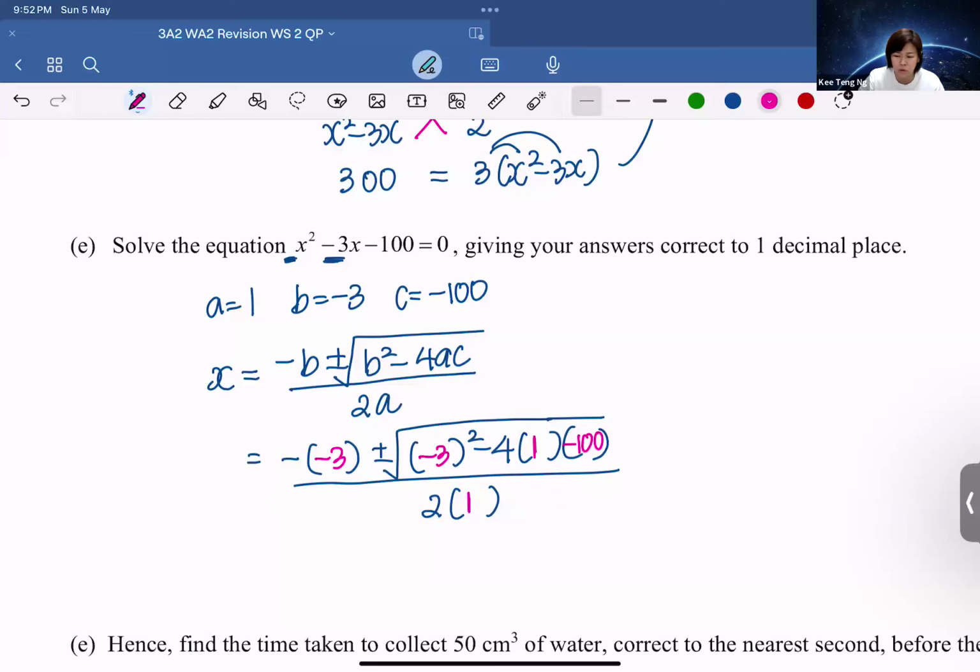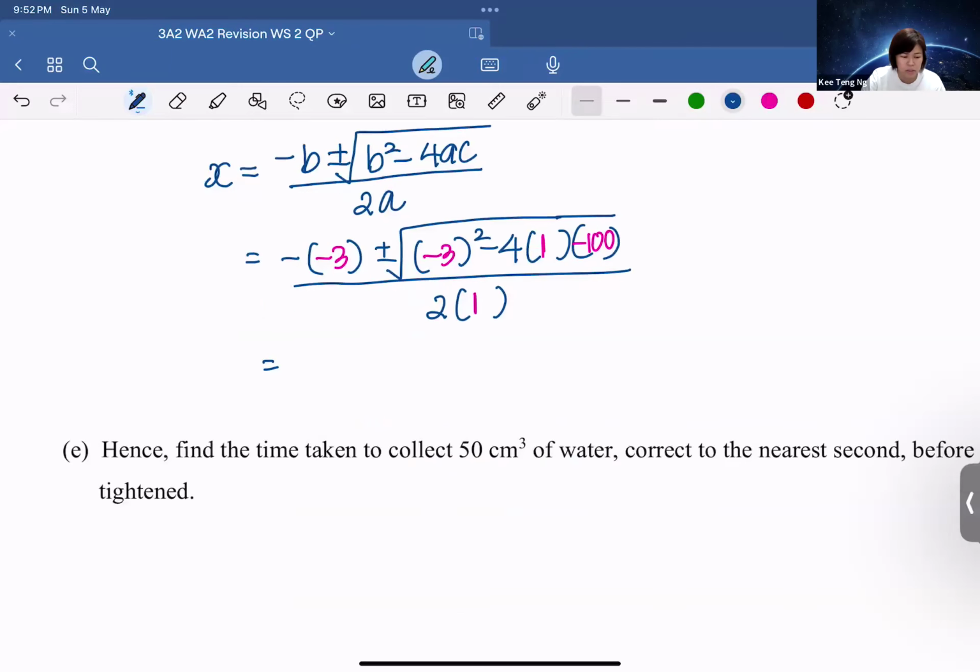So in this case, I'm just going to copy the answer over here. This one will be the first answer, 11.61189. I round off to 5 significant figures.